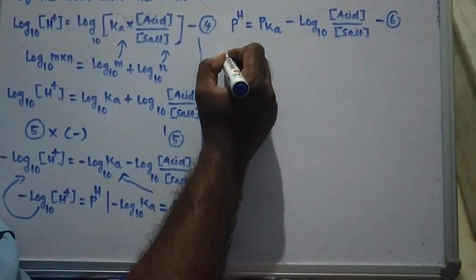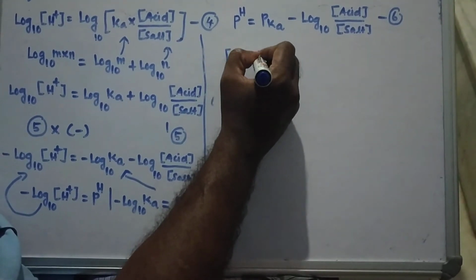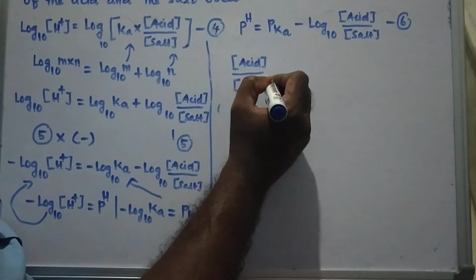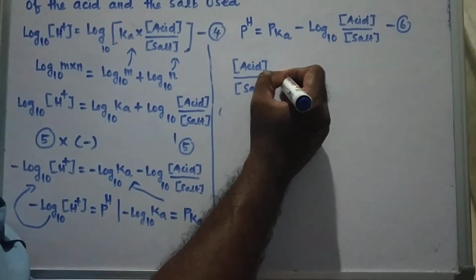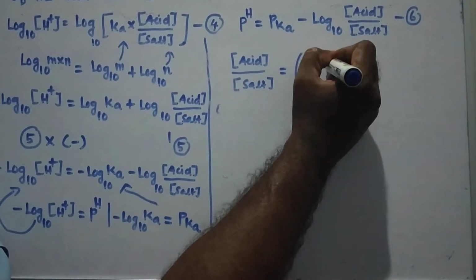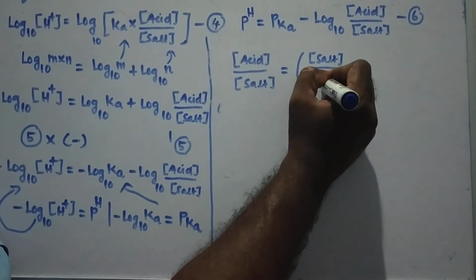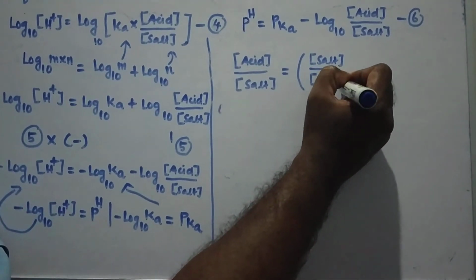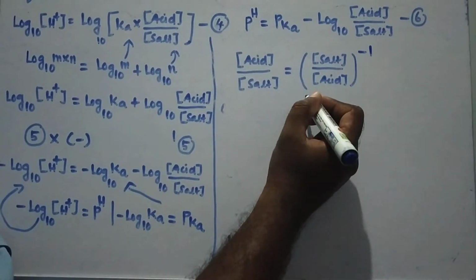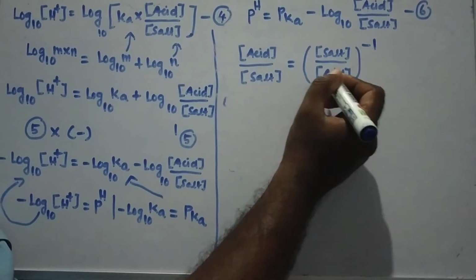Then the term concentration of acid divided by concentration of the salt is equal to concentration of salt divided by concentration of the acid whole power minus 1. Now you are going to wonder how it is possible.